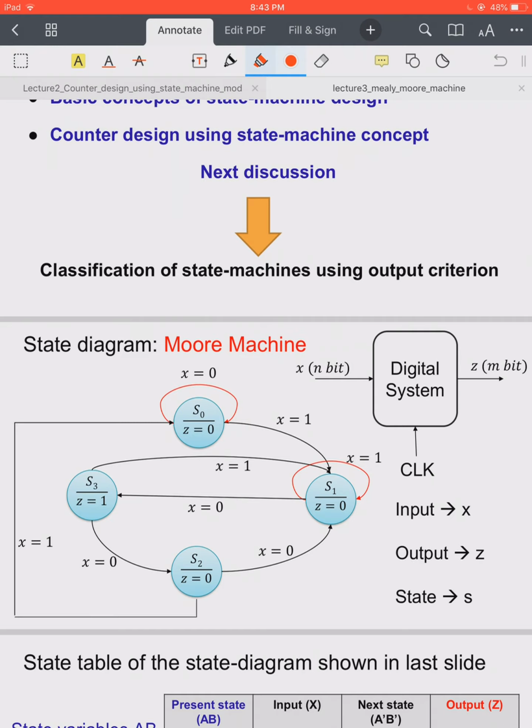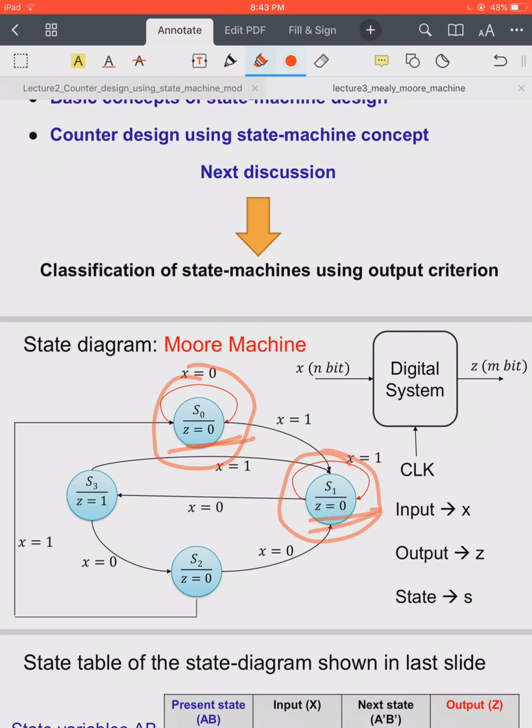Here the output only depends on the present state, it does not depend on the input. So when your circuit is in S0, the Z is always 0. When your circuit is residing in S1, its output is also 0.